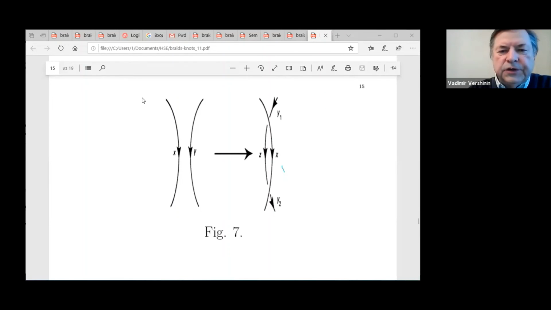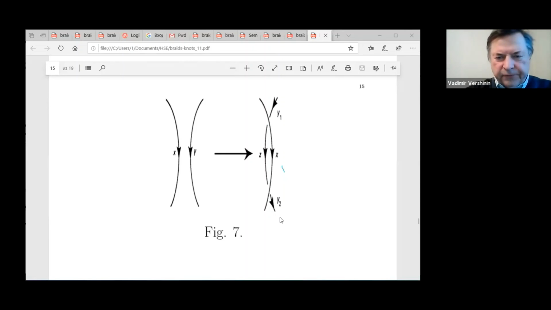You have here just X, Y. Here X is the same, but because of Reidemeister 2, it is divided into three. It is broken in three parts. You have Y1, Y2, and Z. So please write down the new relations.